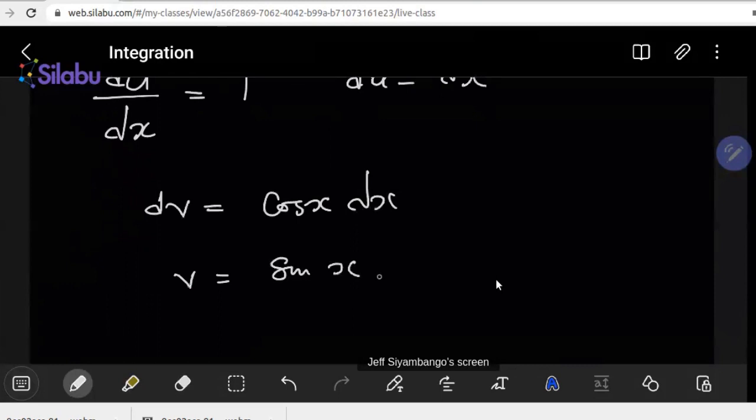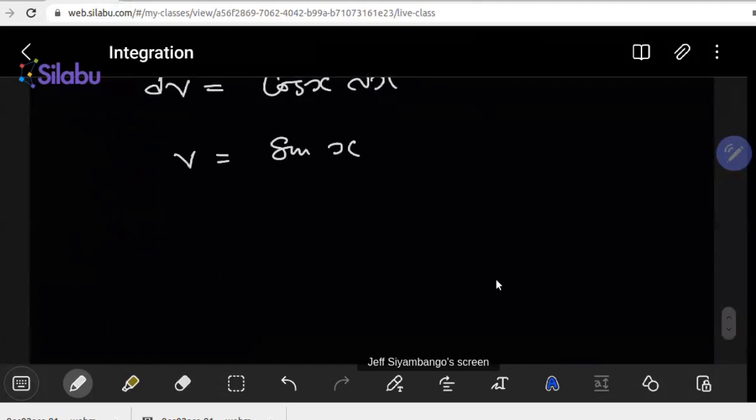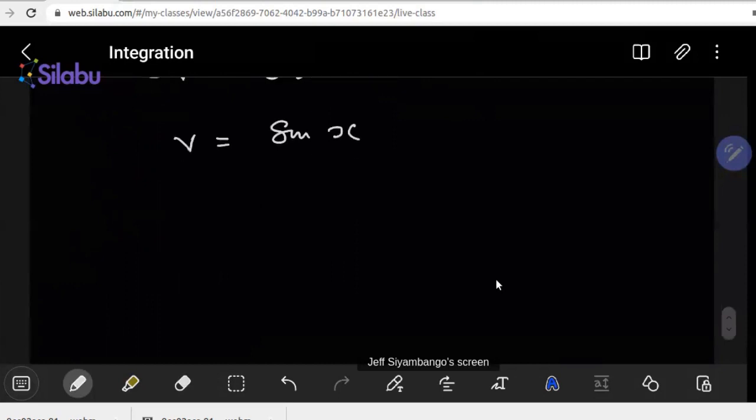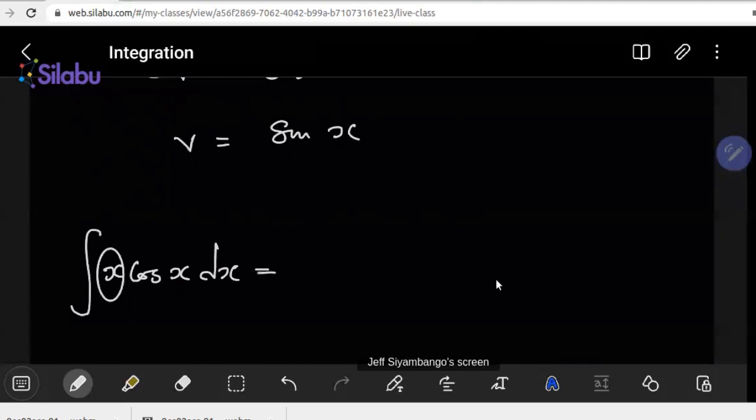So now to perform integration by parts, we conclude that the integral of x cos x dx, where there is x here, we said let u be equal to x. So this becomes the integral of u. Then where we have cos x dx, this now is our dv.